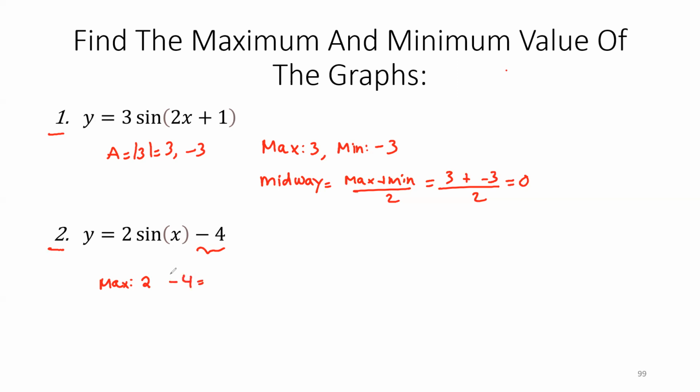So put them together: 2 plus -4 is -2. So your max is -2. And then your min, the absolute value 2, which is -2, plus your vertical shift, which is -4, is -6. Okay, so your max is -2, and then your min is -6.